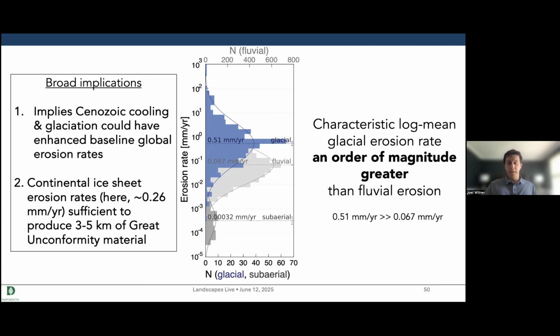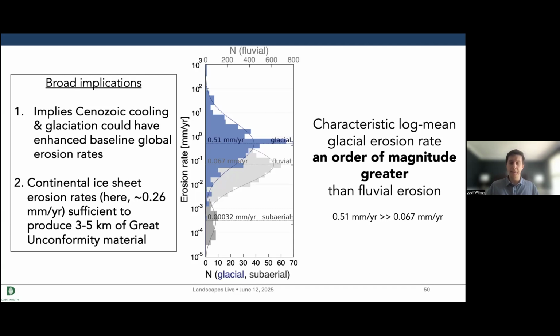Secondly, getting to the other big question, note that the continental ice sheet erosion rates that we've quantified here, not even the fastest glacial erosion rates, but the continental erosion rates, so 0.26 millimeters per year on average.